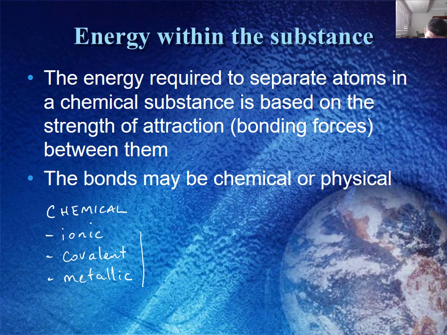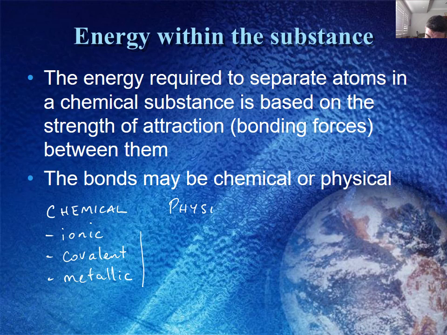These are the three key chemical bonds that may or may not be broken when we are changing a substance. Now, if it's a metallic substance and we are just beating it into a different shape, then we are shifting some of these around. But if it is water, for example, that we are electrolyzing into hydrogen and oxygen, then some of these actual covalent bonds are being broken.